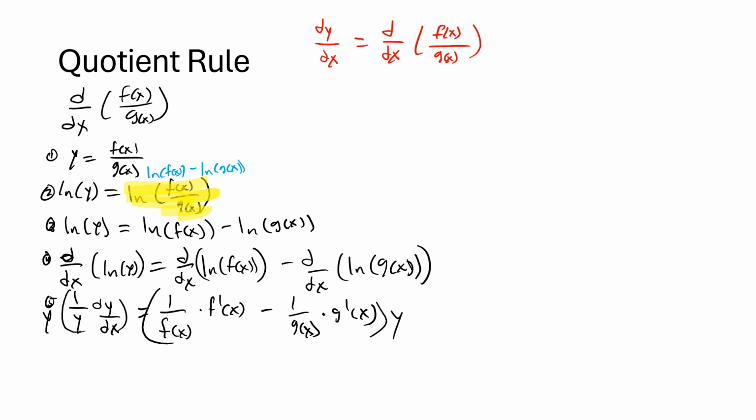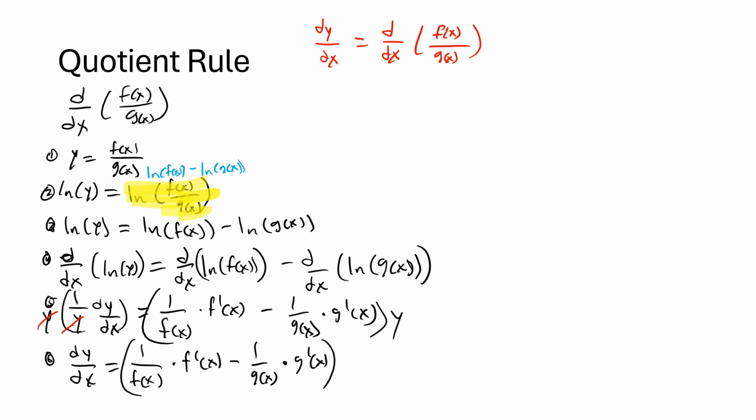Okay, great. So now, 6, this will be dy by dx equals 1 over f of x times f prime of x minus 1 over g of x times g prime of x, just going to write here, times y. So then for a seventh step here, we're just going to substitute y in for f of x over g of x.